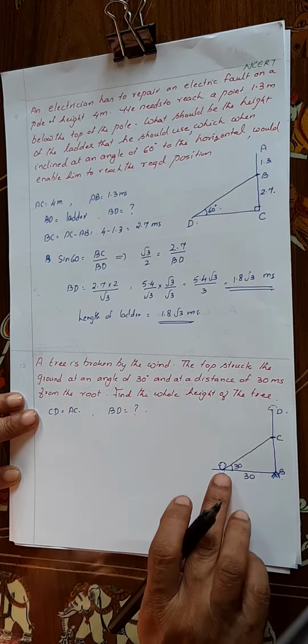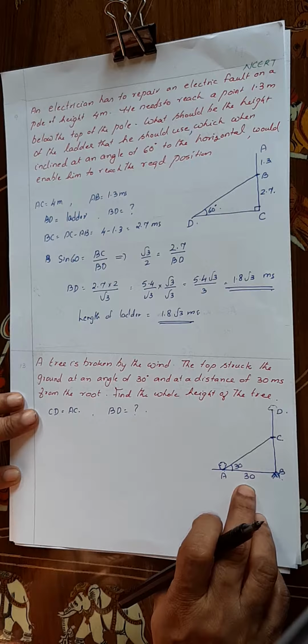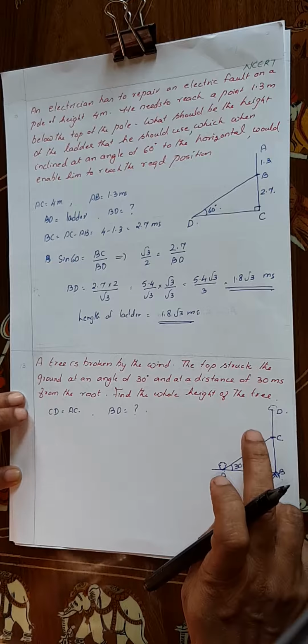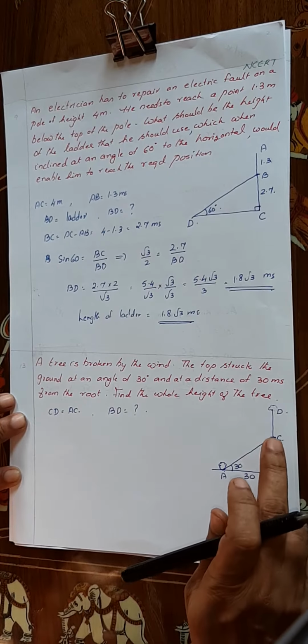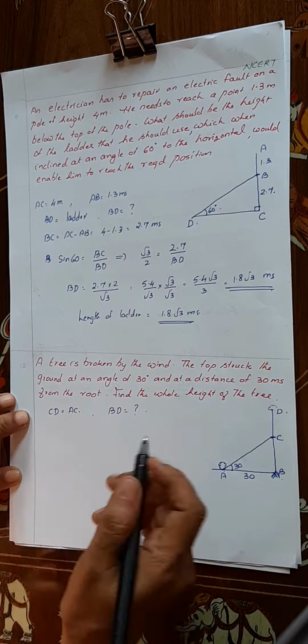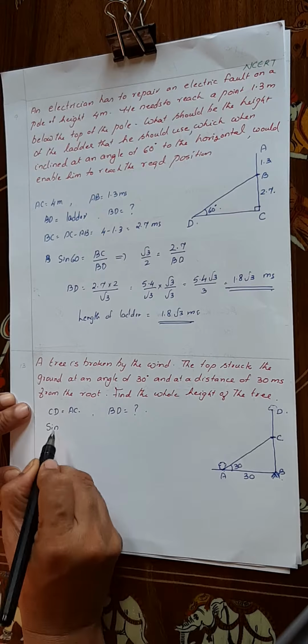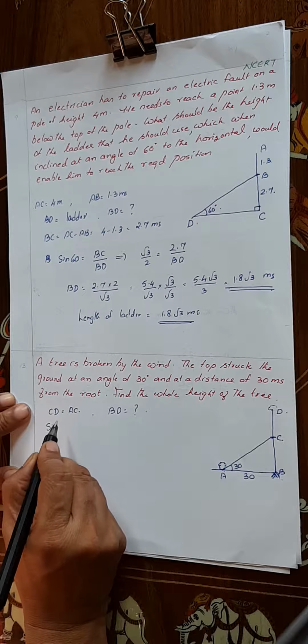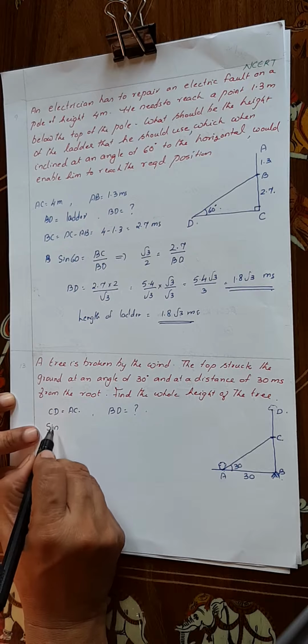So now here adjacent side is given. Now we have to find both this side and this side. So let us first find sin 30 is equal to, cos 30 is equal to.